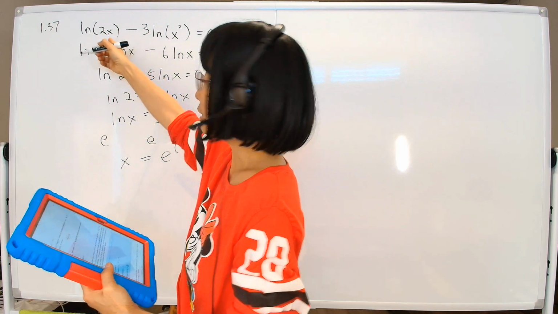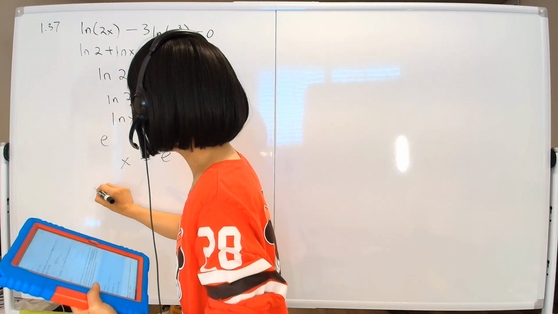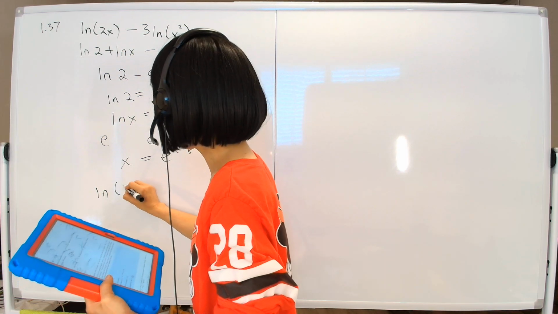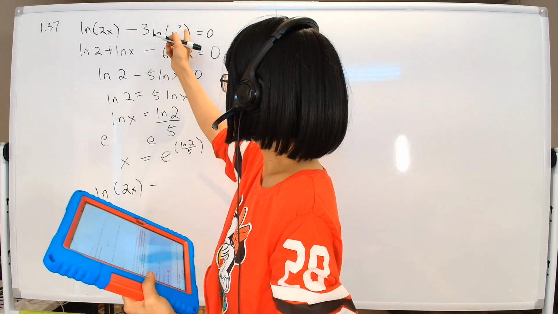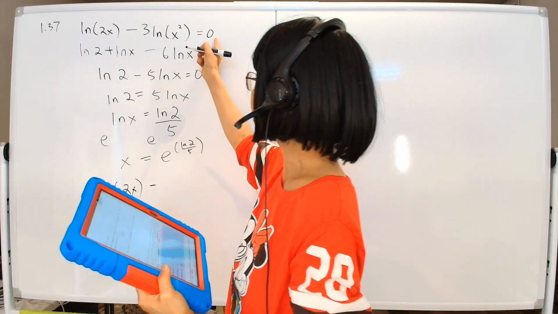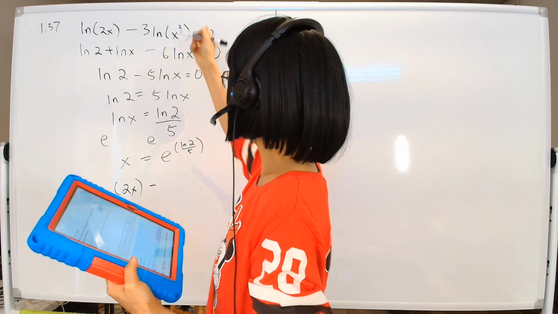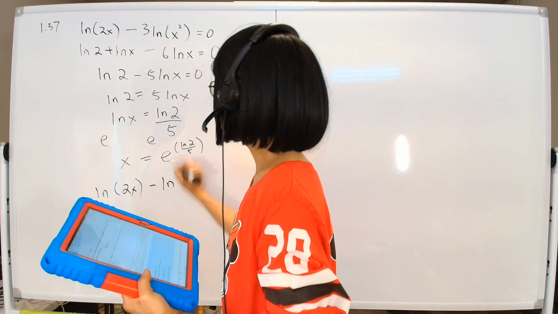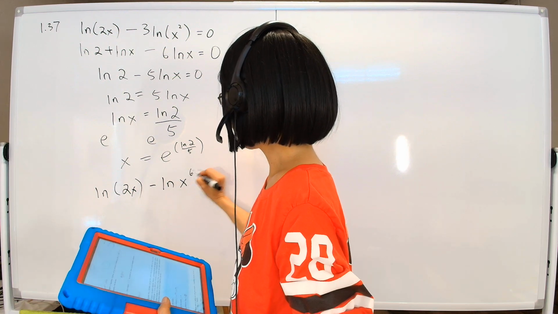So we're starting from here again, and you start with natural log of 2x, right? And then you minus, instead of taking it out, which is what you normally do to simplify, because there's a 0 here, things are easier than it looks. So we'll actually put it back. This thing goes up, multiplies, it becomes ln x to the power 6.